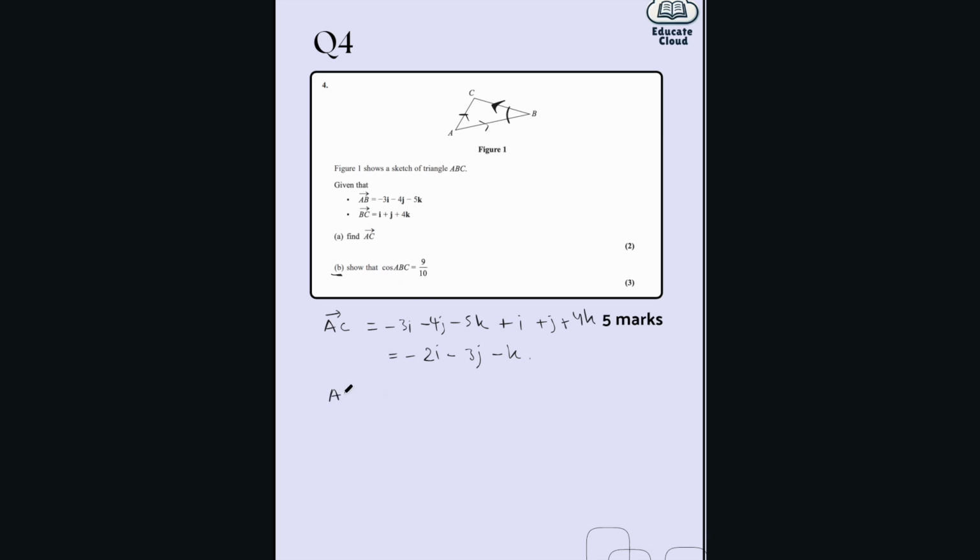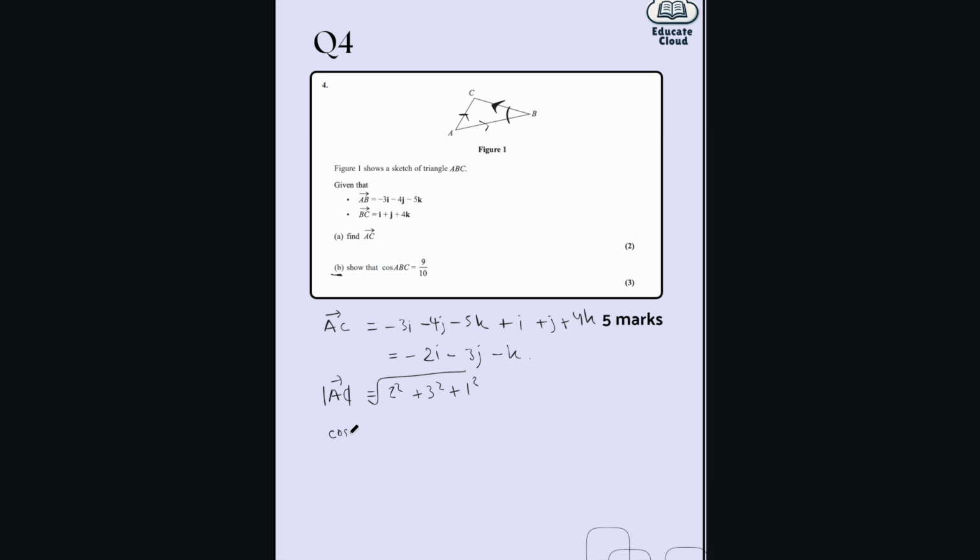So, AC, that is just going to be 2 squared plus 3 squared plus 1 squared rooted. That's the magnitude of AC. The magnitude of AB, again, do it in the same way. And for BC, do it in the exact same way. And then we need to use the cosine formula.